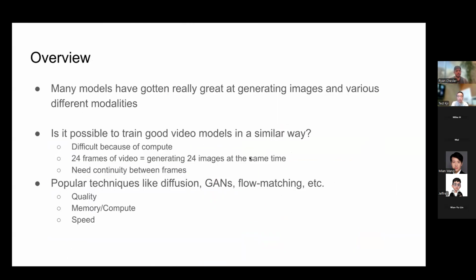So, like I mentioned, we've gotten good at generating images, but doing it with videos is very hard. If you just wanted to generate 24 frames, that's 24 times the amount of work of generating one image. And one of the big difficulties is you need continuity between frames. You can't just generate one image and then generate another, because their relationship to each other is going to be very weak.